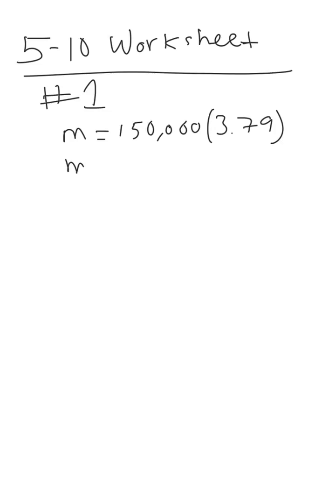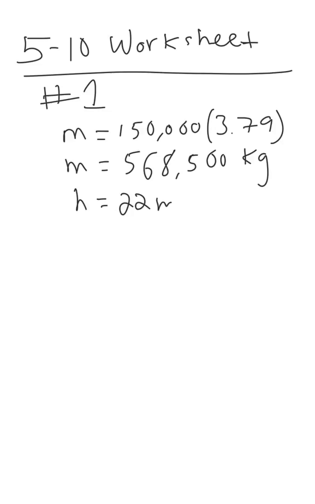So our mass is going to equal to 568,500 kilograms. All right. It has a height of 22 meters. All right. And like I said before, because it says per second, our time frame is actually going to be 1 second.